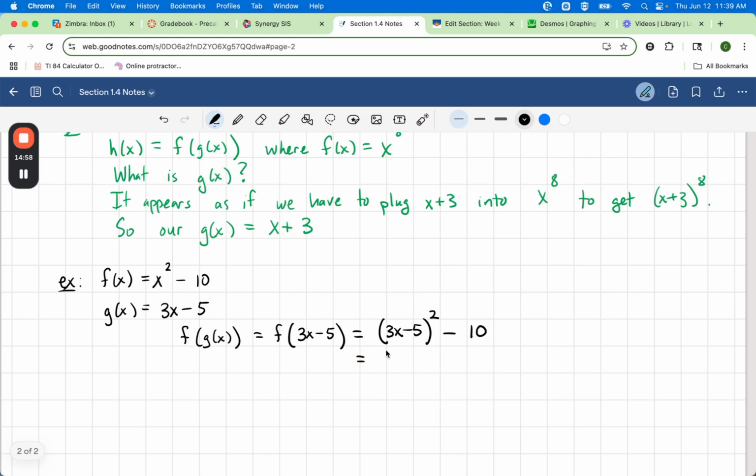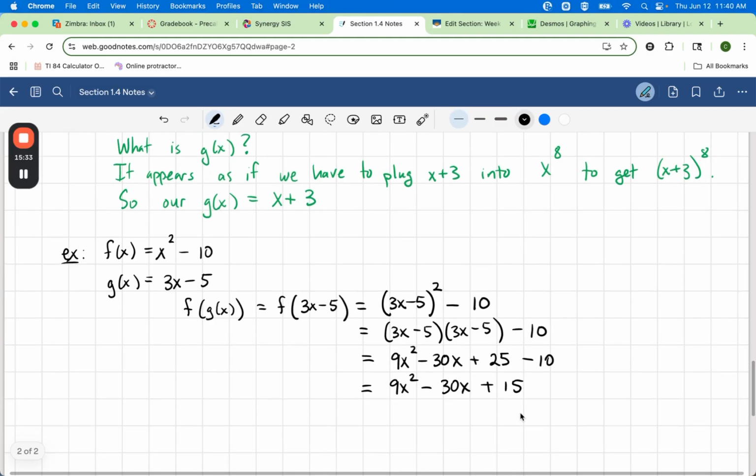Alrighty, then we can expand 3x minus 5 squared by foiling or distributing, however you look at multiplying binomials. We get 9x squared minus 30x plus 25 minus 10. So I end up getting 9x squared minus 30x plus 15 is my final answer. So that's f of g of x.